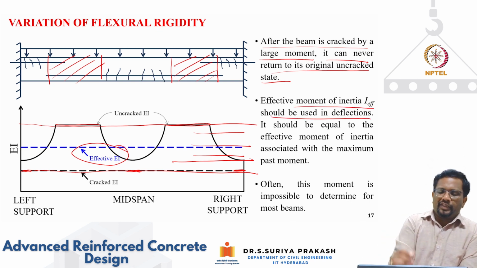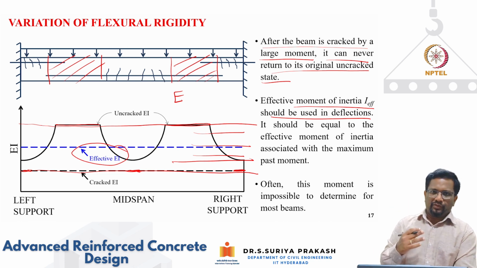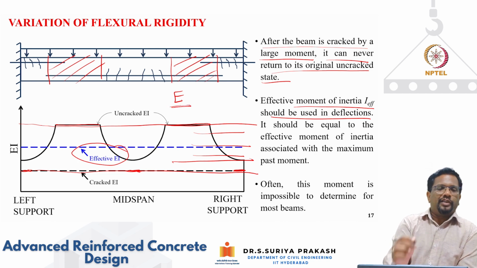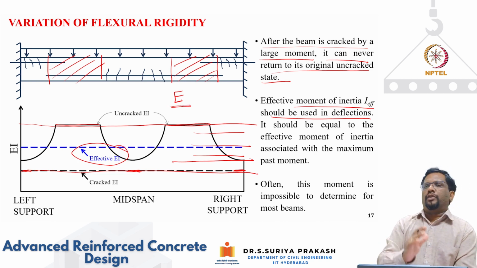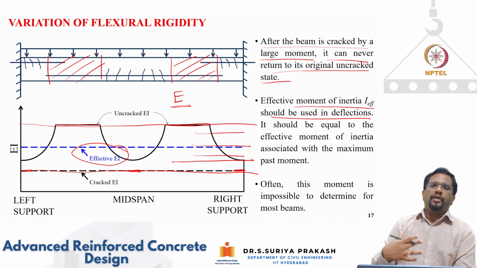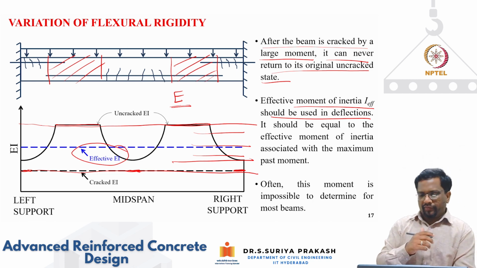We have seen that the E value, the elastic modulus of concrete, is not going to change appreciably under service loads. Again, we are doing deflection calculations at service loads. Under service loads, E, at least for short term, is not going to change much. So the major problem is coming from I, the moment of inertia, right?